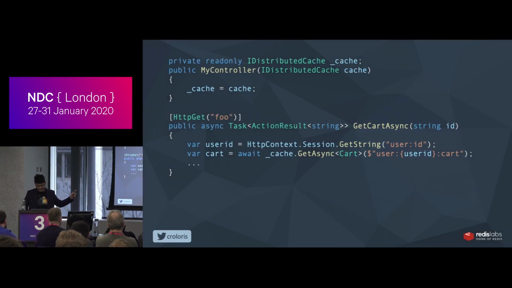Notice one thing, though, that this is a big difference between the session object and the IDistributedCache interface. The cache is not session specific, so you can think of it as a dictionary shared by all the requests. So we need to specify in the key name whose cart we want to fetch. And this is why we are storing in the browser session the user ID.